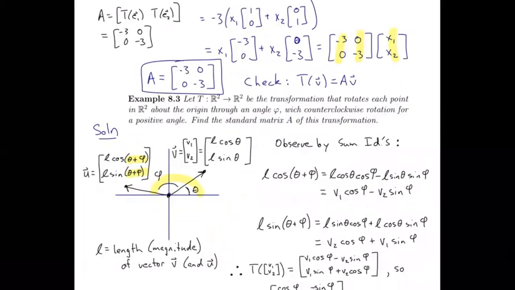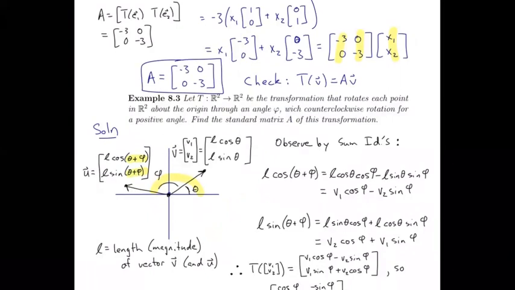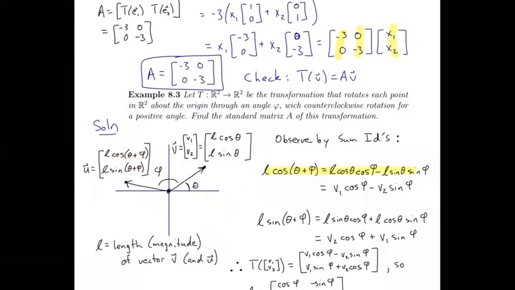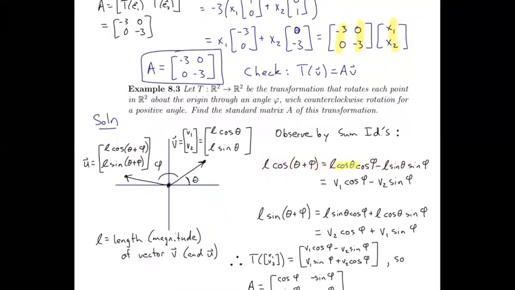And that gets us a representation of u as well in terms of L and theta and phi. Now, the next thing we'll do is take each of these expressions and split them apart using the sum identities for cosine and sine respectively. So over here we see the sum identity applied to cosine of theta plus phi with this multiple of L, and we get this expression here.